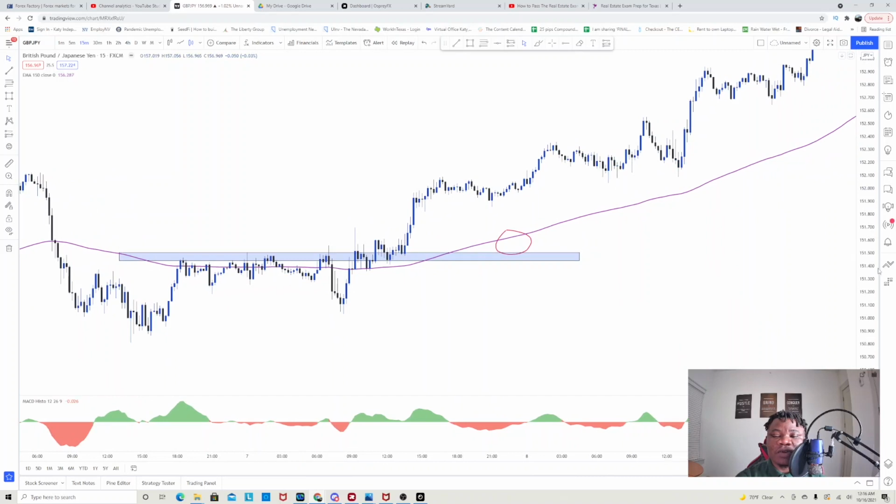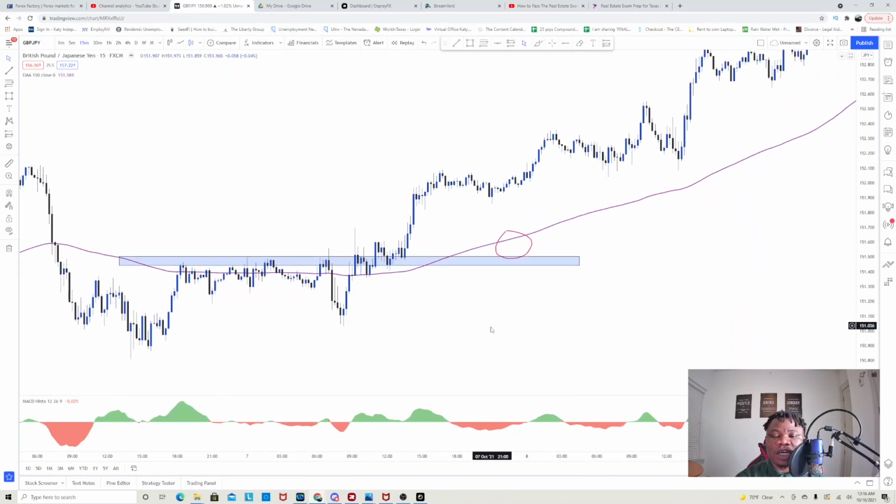Now what we're looking for is a break and close above our resistance zone, and also some form of a pullback or a retest, whatever you want to call it.